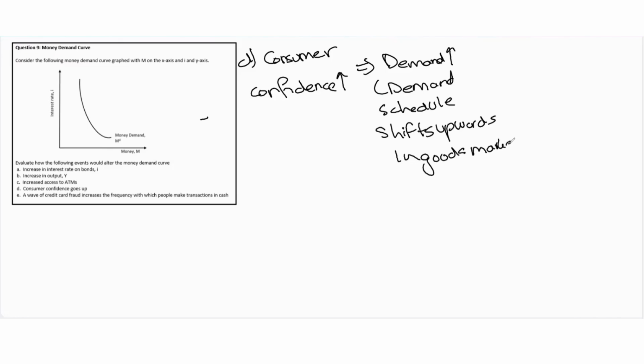And when that happens, in the goods market model from chapter 3, Y increases. So when Y increases, we go back to what we learned in part B, right? There's an increase in transactions which require the use of money.